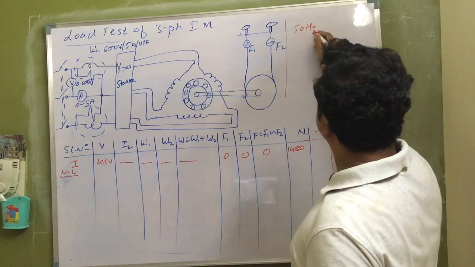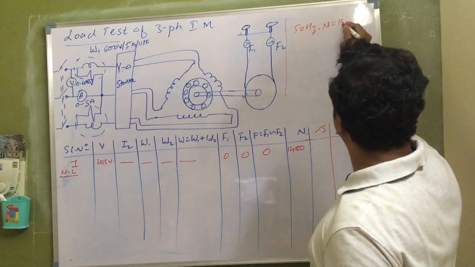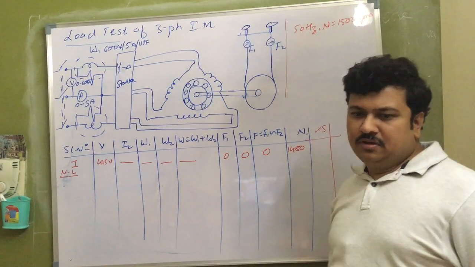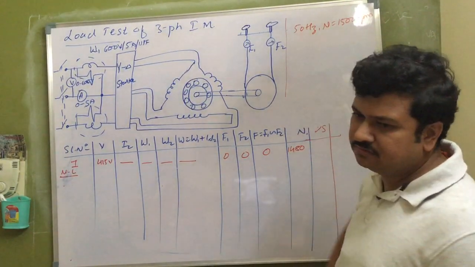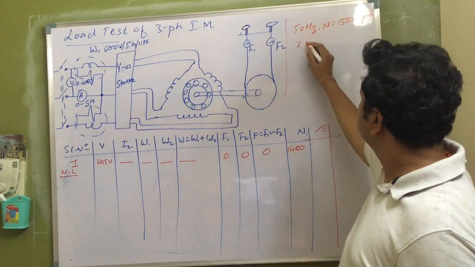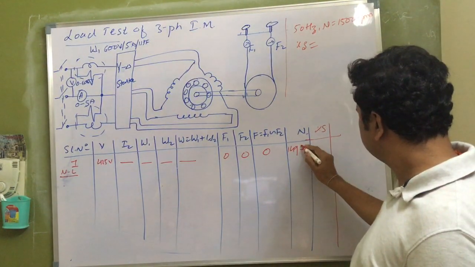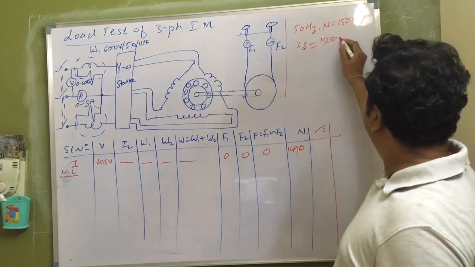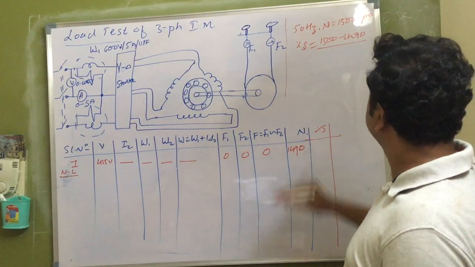Rated speed is 1500 RPM. Let us consider 1500 RPM as synchronous speed. What is slip? The speed will not be 1480, it will be around 1490 or so at no load. Slip is 1500 minus 1490 divided by 1500.